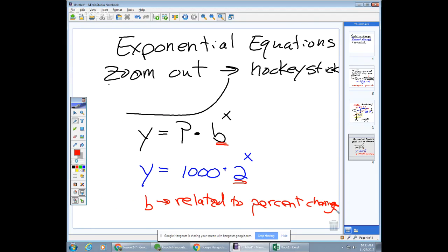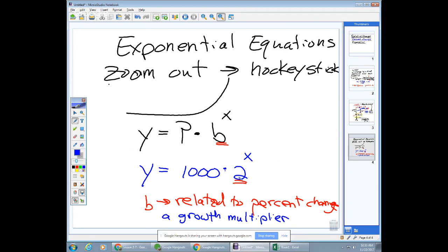The b is also called, and again, this is something more for next term, a growth multiplier. Meaning when I multiply by that base, things grow. Right?